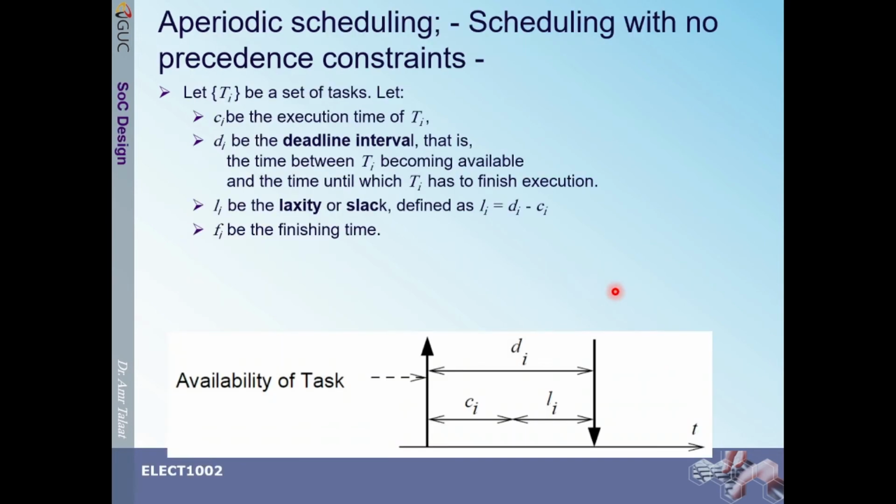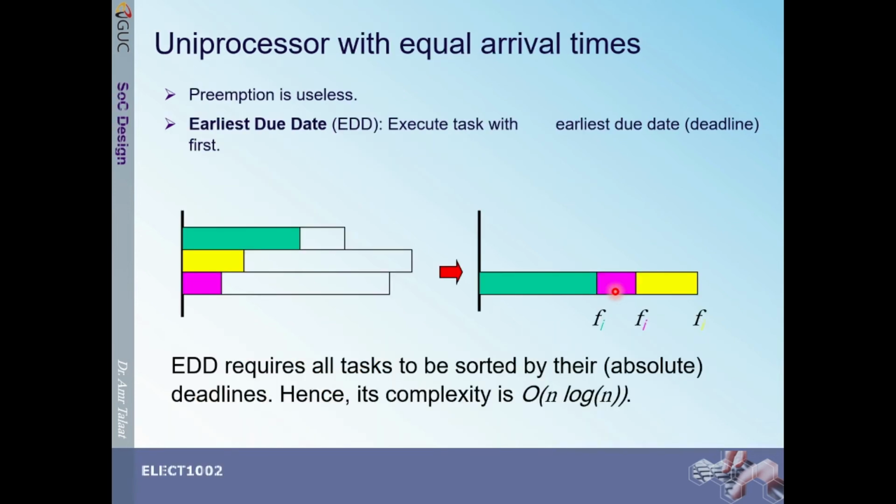Okay, this is very interesting. All different types of aperiodic scheduling still respect the RM law. So if you ever cross the RM law in aperiodic scheduling, make sure that you are going to fail as well. Yet here, preemption is useless. So we define something called earliest due date.